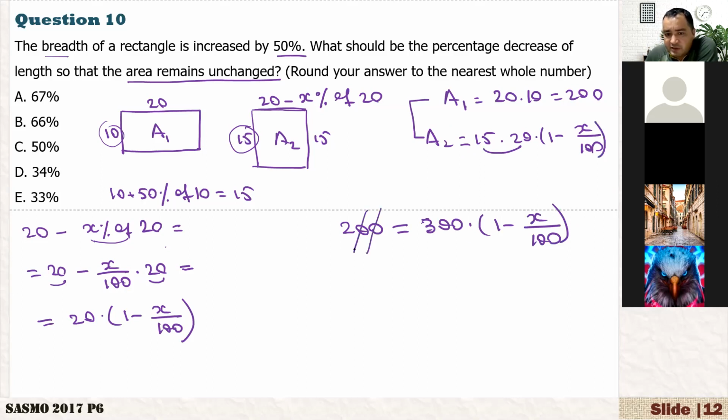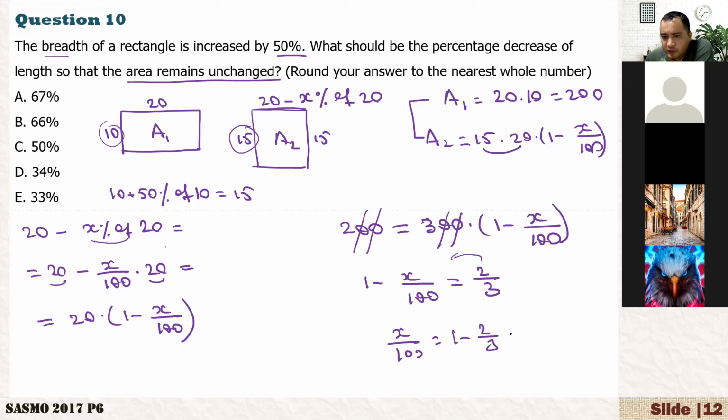The two zeros cancel each other, and dividing both sides by 3, 1 minus X over 100 is equal to 2 over 3. So what is X over 100? Take it to the right-hand side and 2 over 3 to the left-hand side: 1 minus 2 over 3, which is equal to 1 over 3.